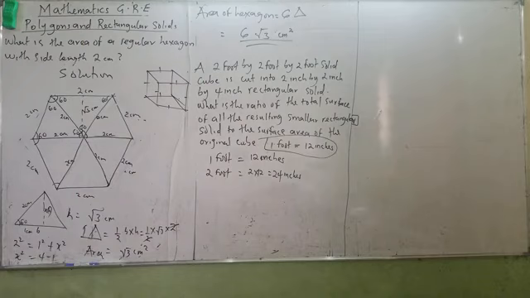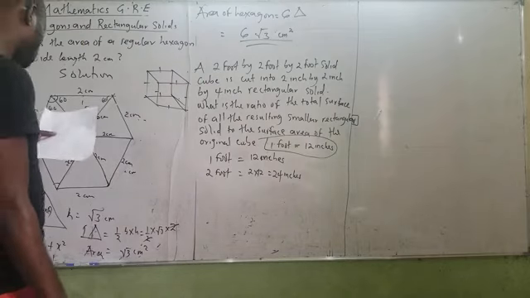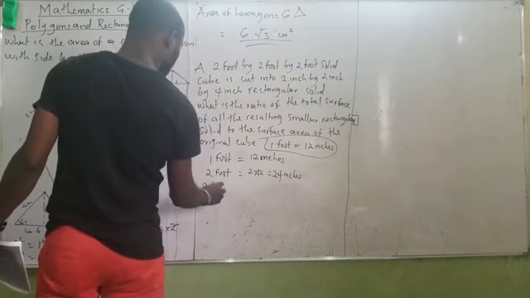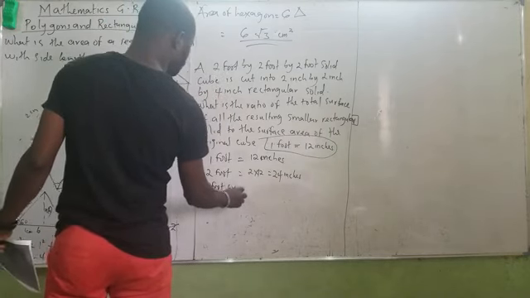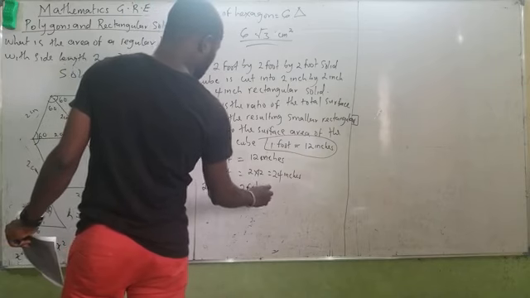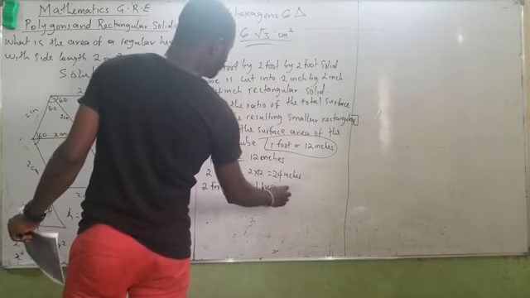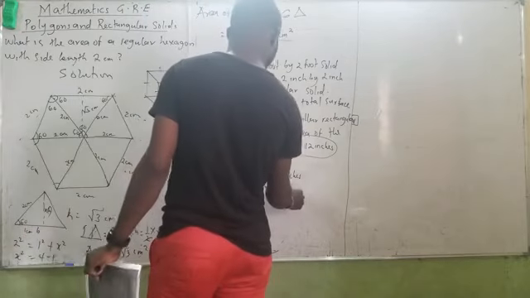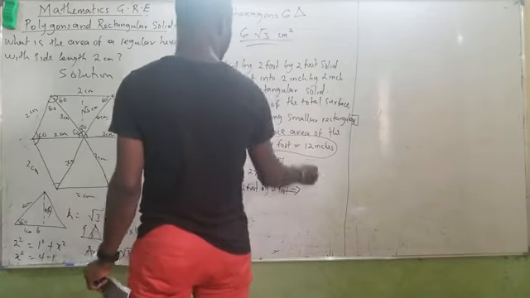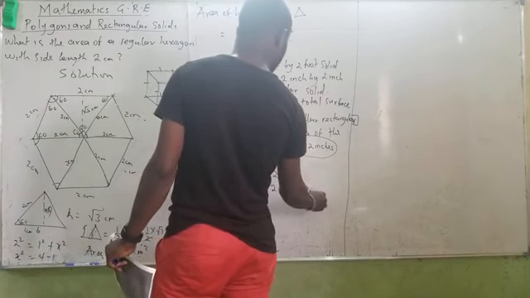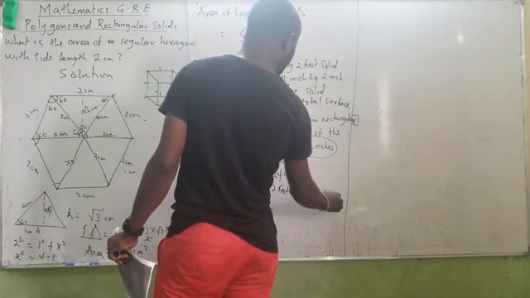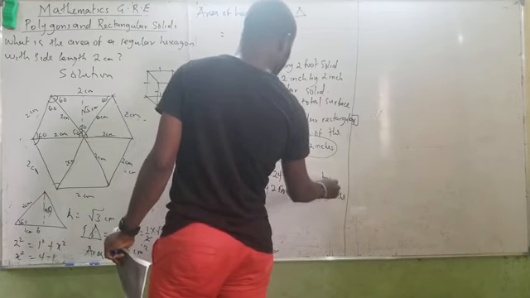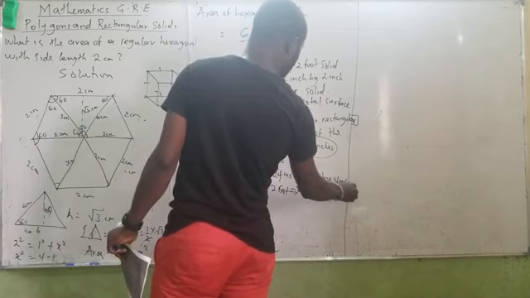Since we know that, when I'm talking about 2 feet by 2 feet by 2 feet, which implies we have 2 inches by 2 inches by 4 inches.